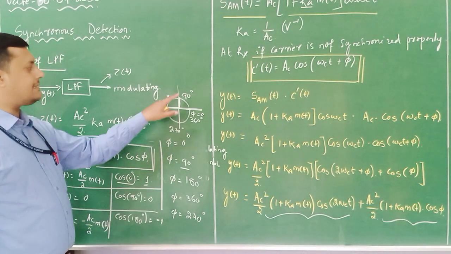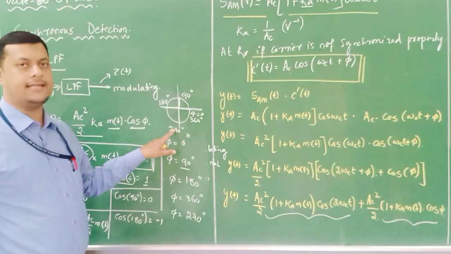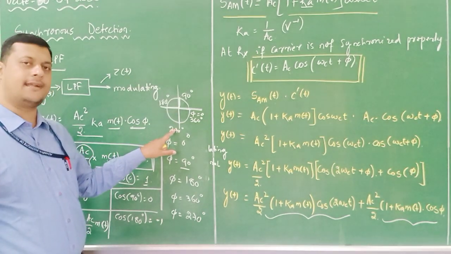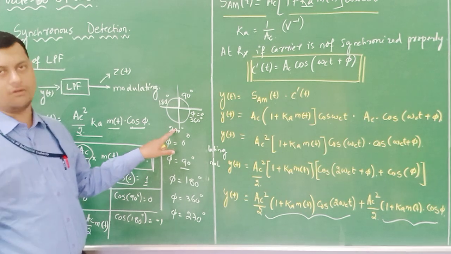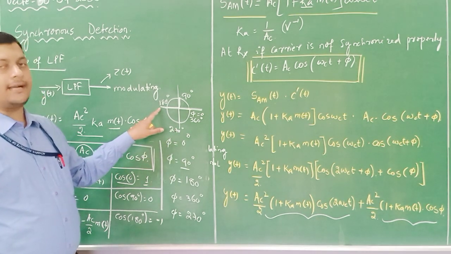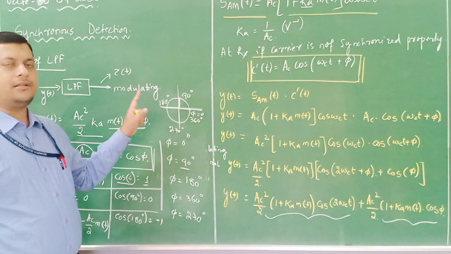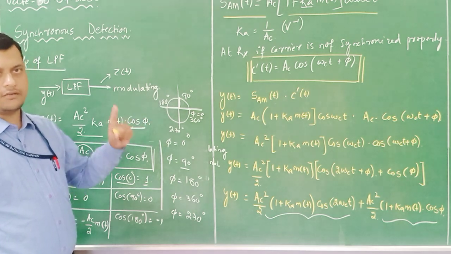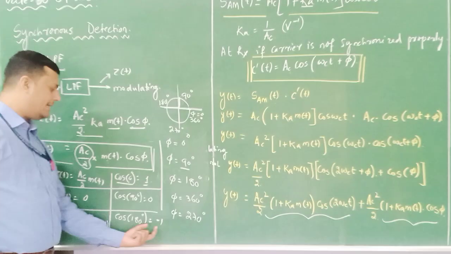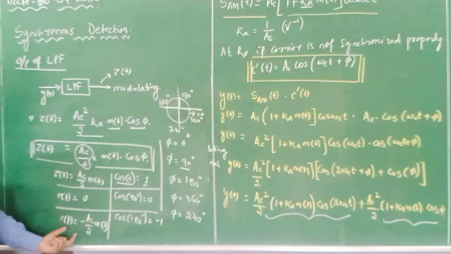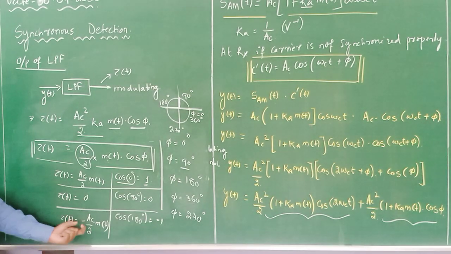Similarly, if it is 90 and 270 degree, there is no output because cos 90 and cos 270 degree are 0. But if it is 180 degree, we identify the negative amplitude of the modulating signal. So cos 180 degree is minus 1, then the output of an LPF is Z of t is minus AC by 2 M of t.